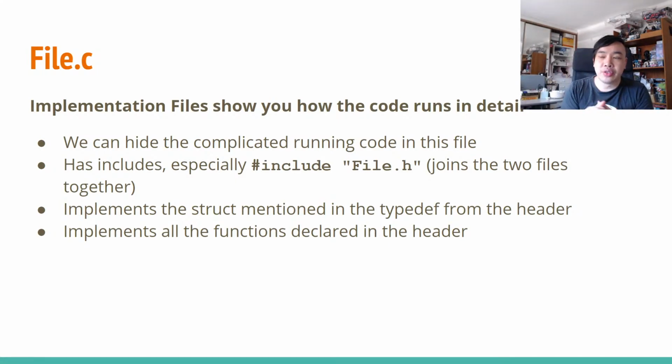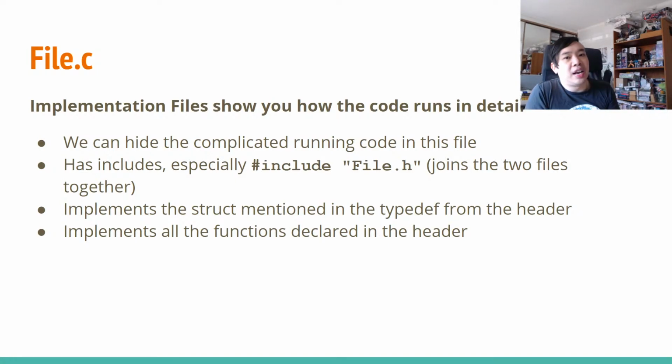When they include H files, so when the main includes the H file, it is seeing what someone else has built for us so that we can use its capability. When the C file that matches the H file is including the H file, it's saying, these are the things that I need to make sure I make the running code for.